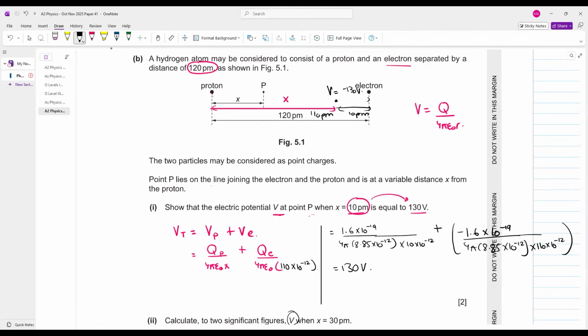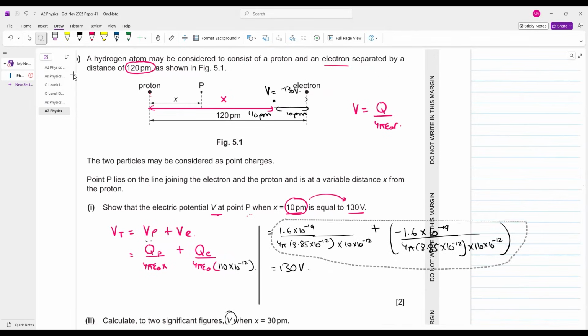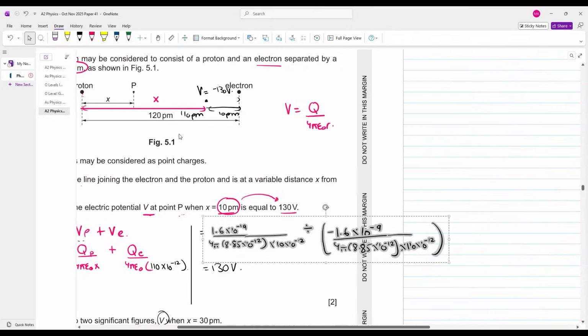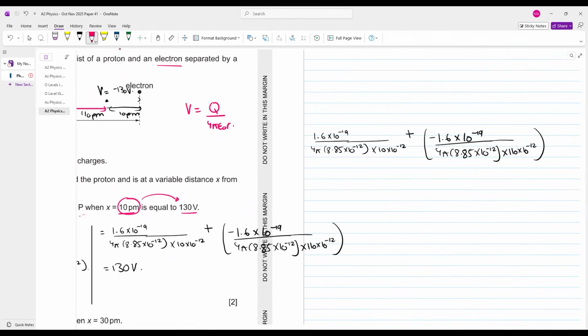Sir, why? What I am doing is taking this exact same equation. Let me copy this if I can do it. Copy it. Okay. I will copy this exact same thing.